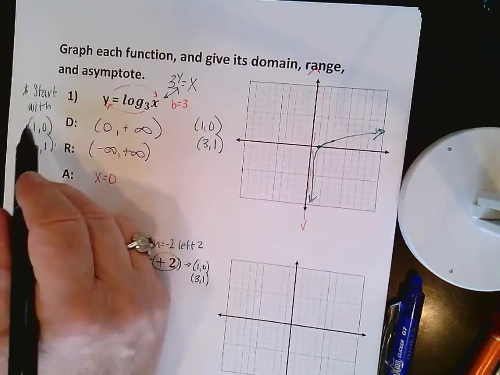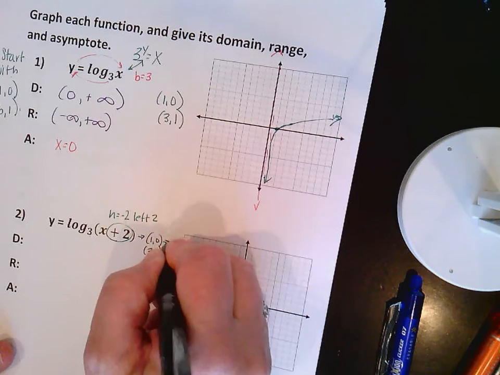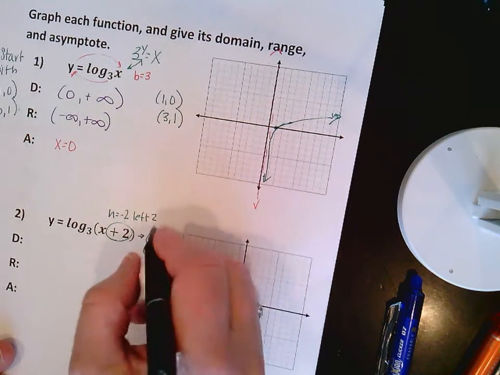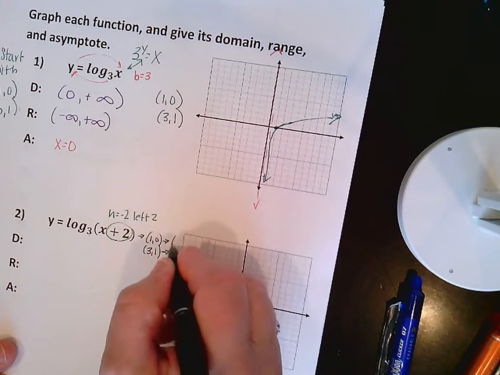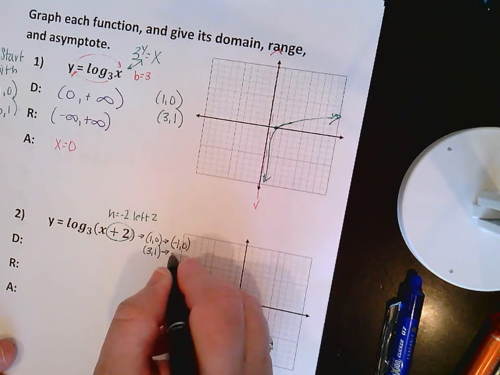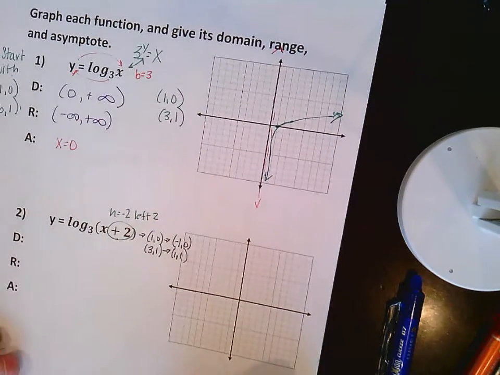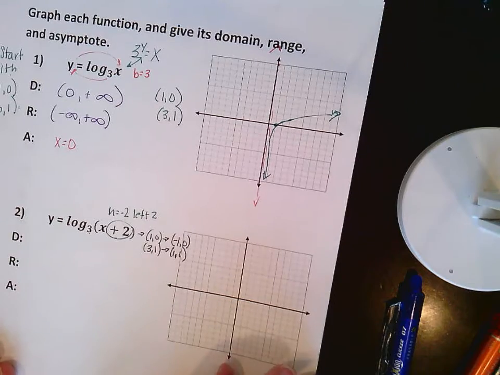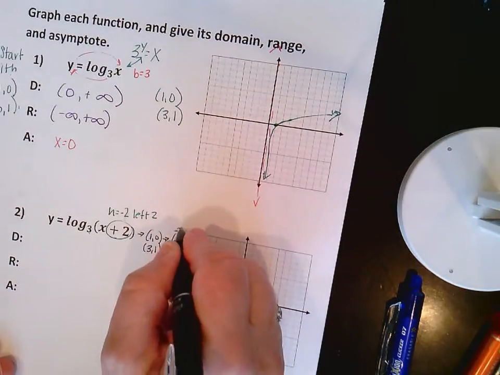And then for both of these, I'm going left 2. So that means I'm subtracting 2 from my x. So 1 minus 2 is negative 1. 3 minus 2 is positive 1. And my y's don't change because I don't have a k.